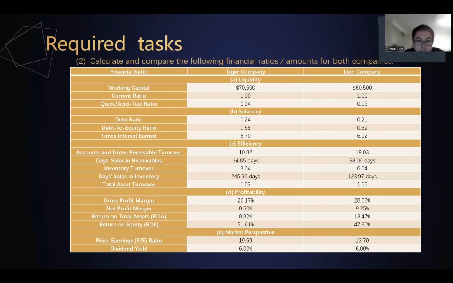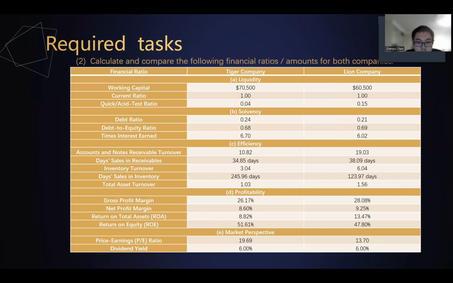I'm Jin Chen. Based on the ratio analysis of the two companies, let's measure the financial health in terms of liquidity, solvency, efficiency, profitability, and market perspective. In liquidity, both Tiger Company and Loin Company have a current ratio of 1, indicating that current assets are just enough to cover current liabilities, which may suggest a limited ability to meet short-term obligations.